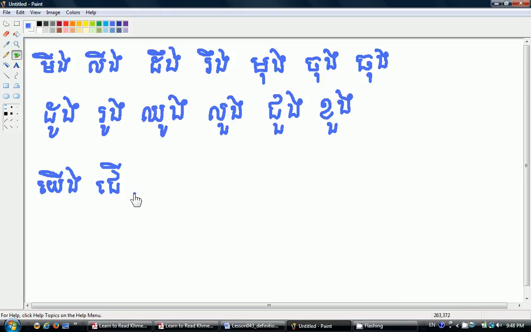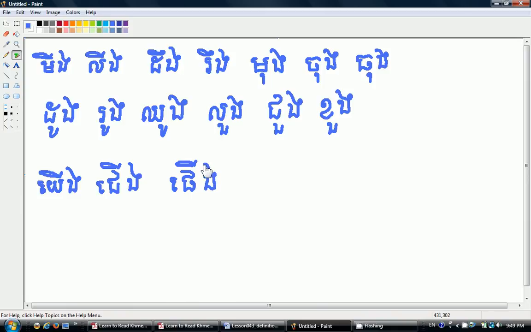Sra. Change its sound to sra. Or cho chor chon chon. And finally, write pang. Paw. Sra. Paw sra. Pa. Pang pang.